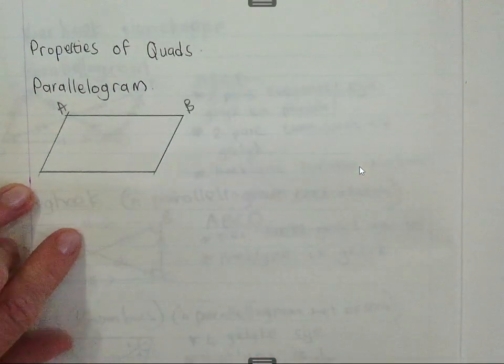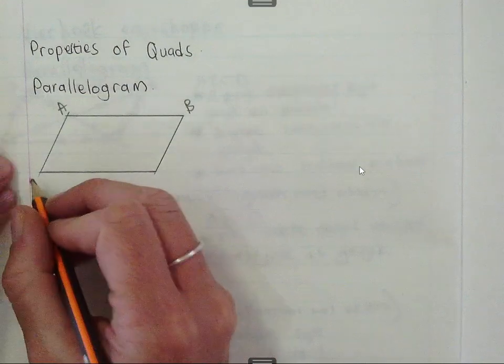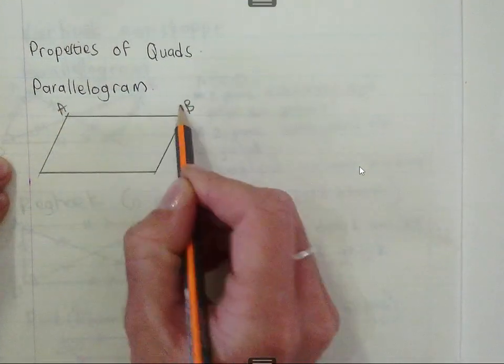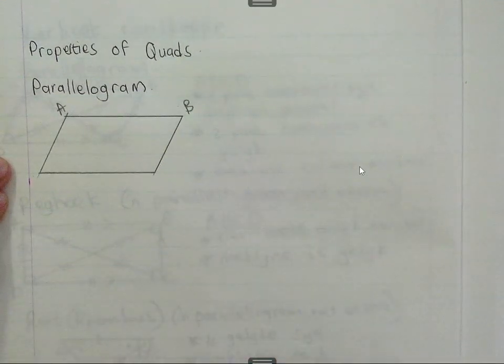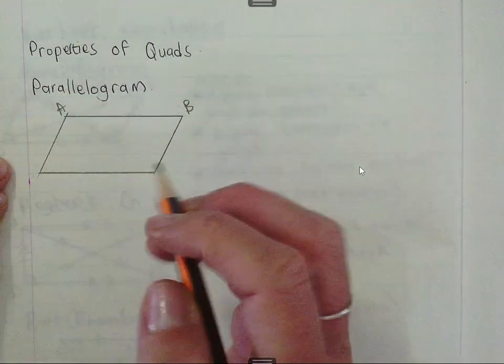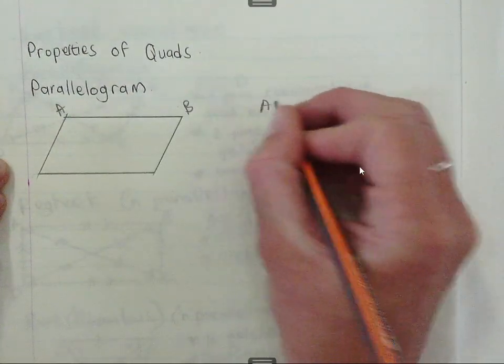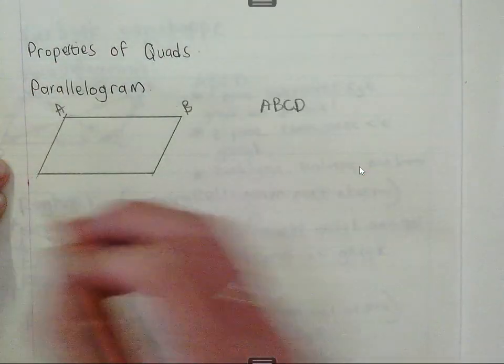Quickly look here. I need you to pay attention. In previous years, we often wrote it as A, B, C, D. Then it's parallelogram A, B, C, D, which is wrong. If we are going to call this thing parallelogram A, B, C, D, then those letters need to follow each other.